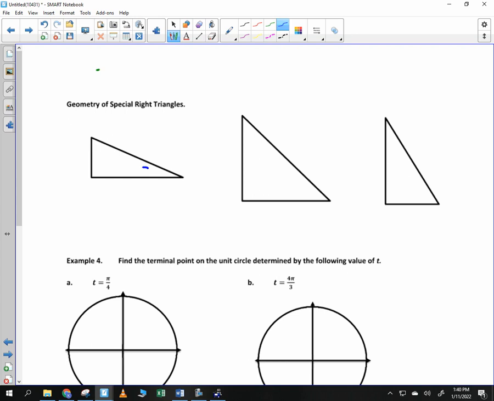If you have a 30, 60, 90 triangle, what's beautiful about the 30, 60, 90 is it's exactly half of a 60, 60, 60. What's special about a 60, 60, 60 triangle? It's equilateral and equiangular, which means that all the sides are the same, right?